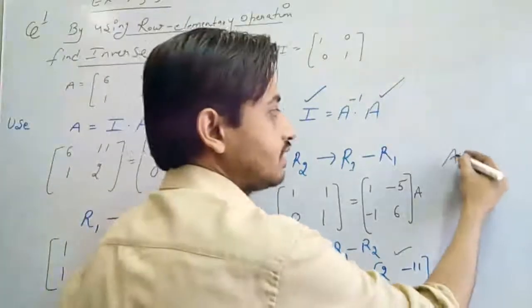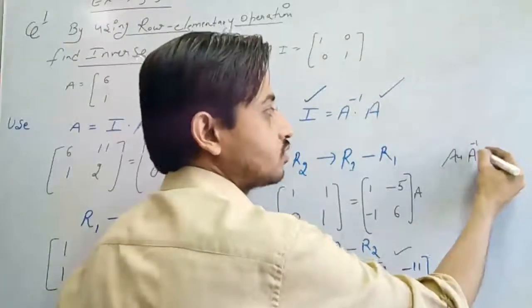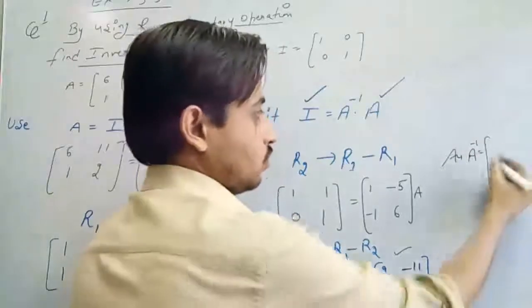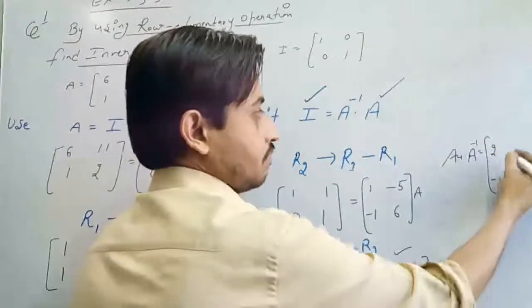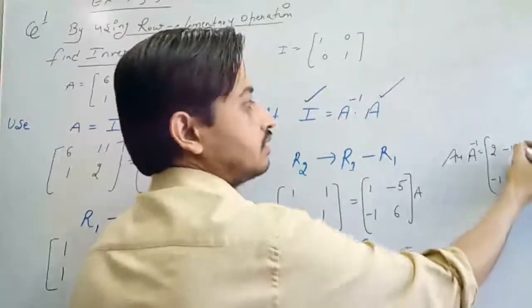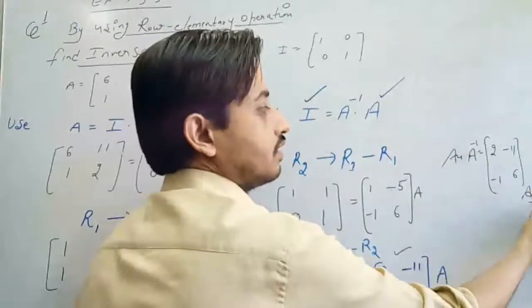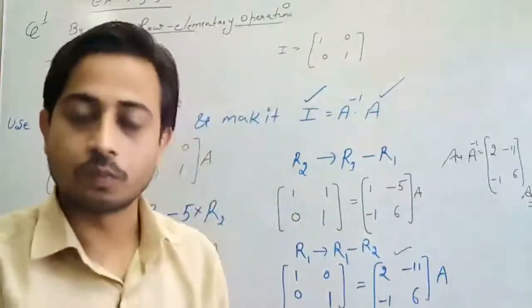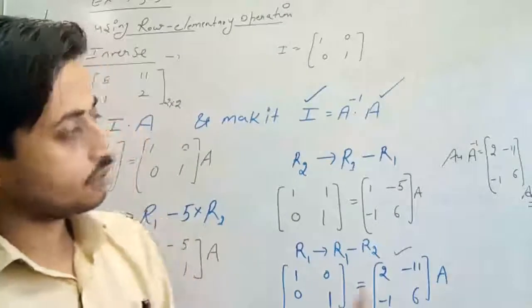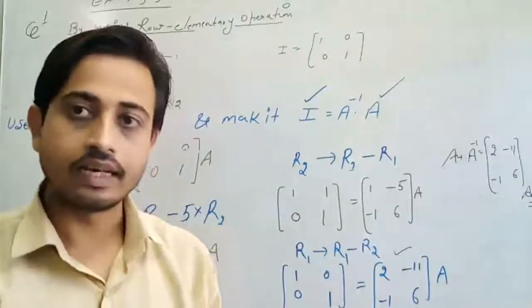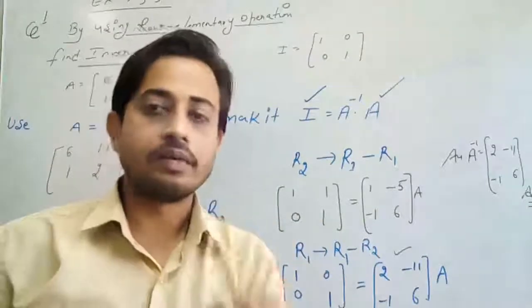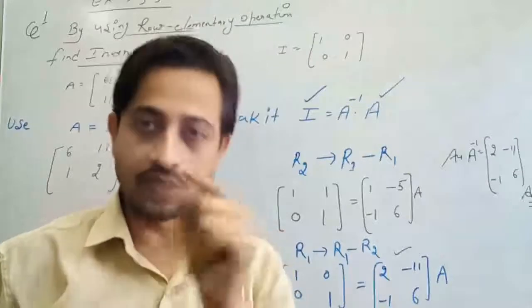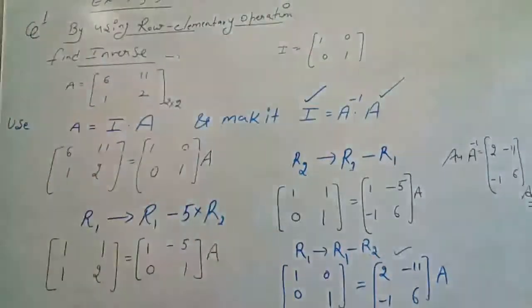So our answer, A inverse, is 2, minus 1, minus 11, 6. This is our answer. Please take a note, because I am doing the same question by applying the column elementary operations also. Please make a note first.